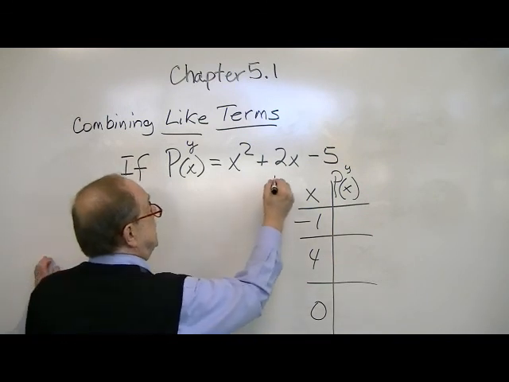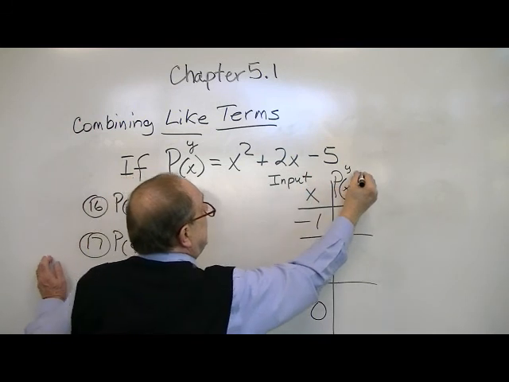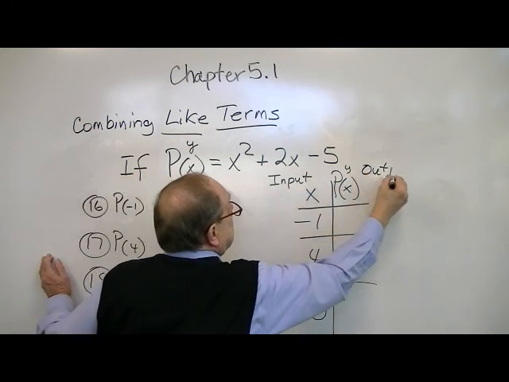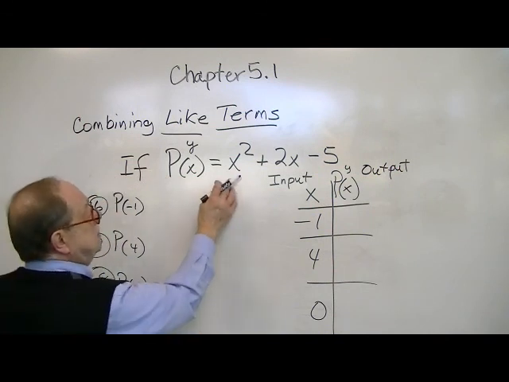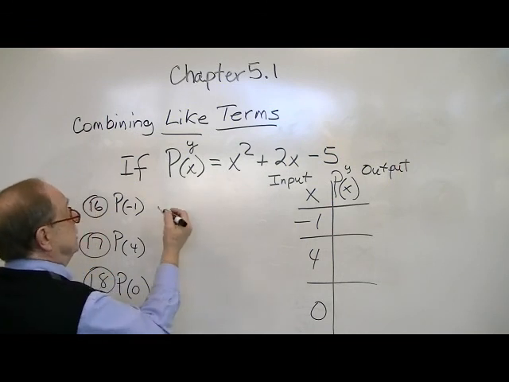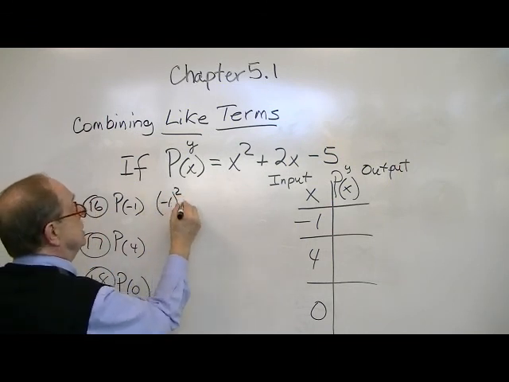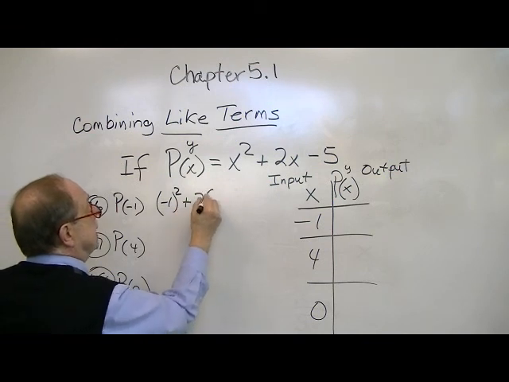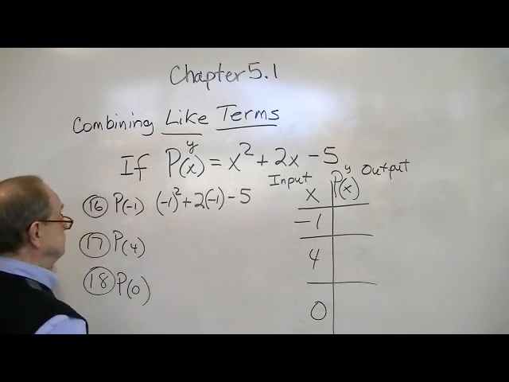So it's sort of like input and output. So we're going to input a -1. So I could write them out. This will be a -1 squared plus 2 times -1 minus 5.